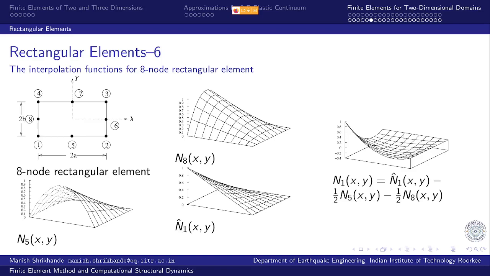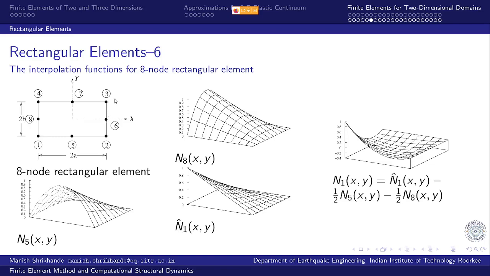And similarly, we can construct the interpolation functions for node 2 as modification of bilinear Lagrangian interpolation for node 2, by subtracting half of interpolation functions of n5 and n6.